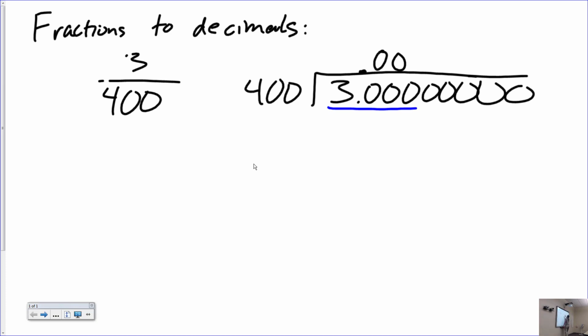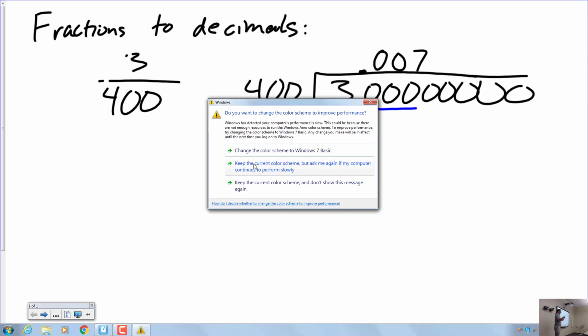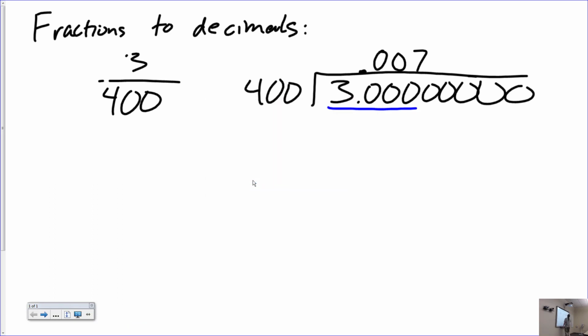And again, since we're dividing that 400 into 3,000, the 7 goes over essentially the number 3,000. All right? 7 times 400 is 2,800.